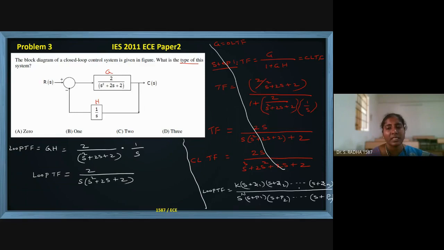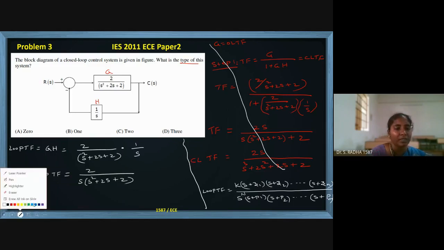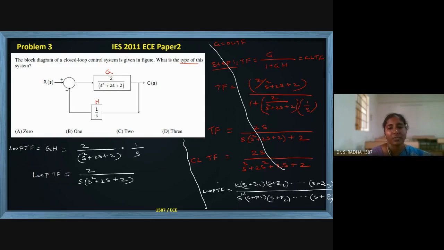M poles, N zeros. Z means zeros; the numerator will have zeros. P means poles; the denominator will have poles. The individual S power that is there is called the type number. So this is our equation 1, the loop transfer function.